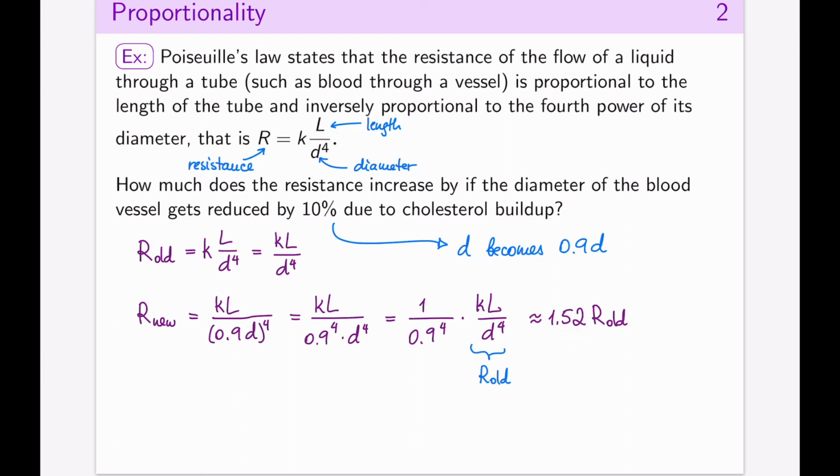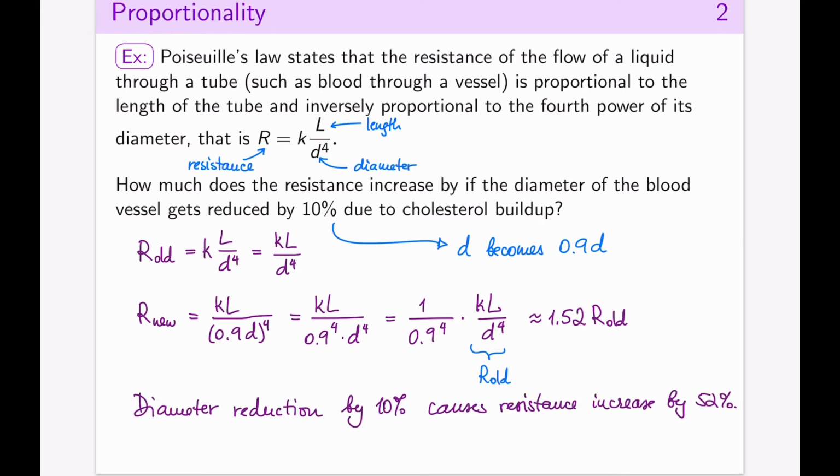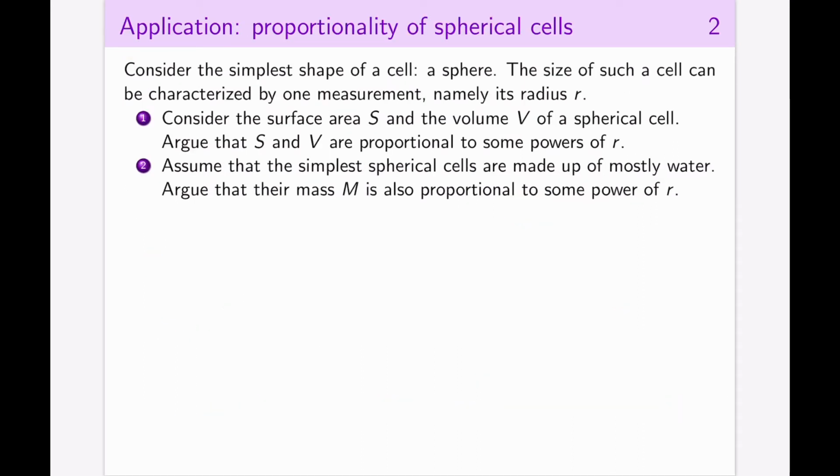And that is why the cholesterol buildup is so dangerous. A small percentage of buildup, because it is raised to the power of 4, will produce quite a large increase in the resistance.